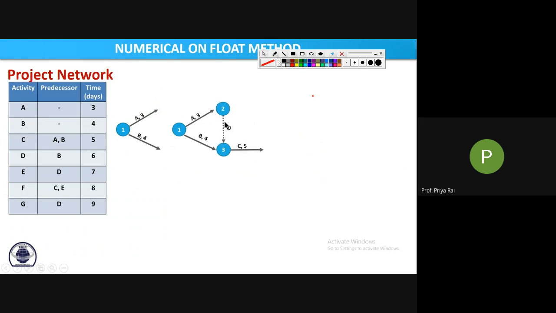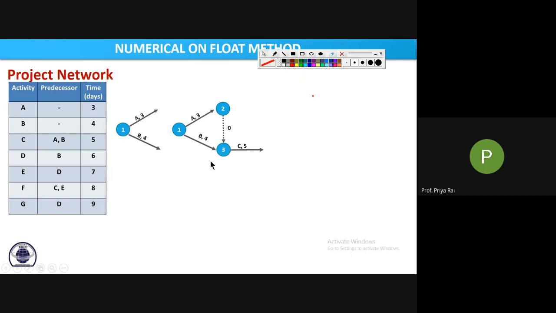Now here we also have to see the direction of this dummy activity. Suppose this is the first case, where the dummy activity is in this direction. A is actually completing at event 3, because the dummy is not taking any time. So A is completing on this third event, and B is also finishing on this third event, so C starts from the event where both A and B are completing.